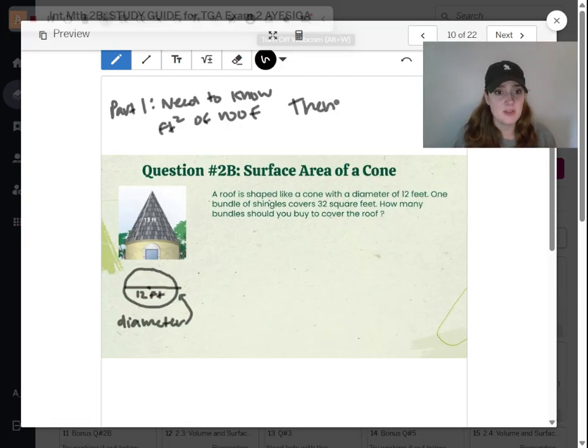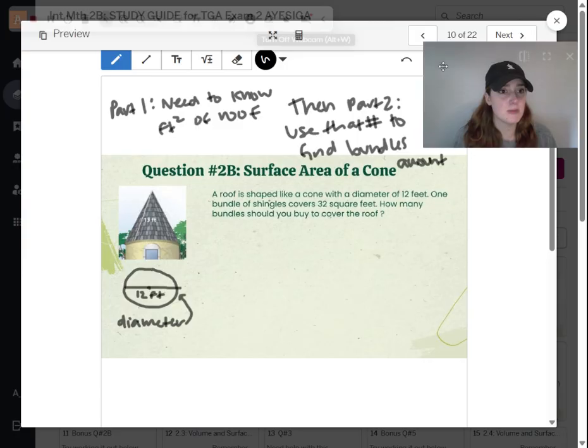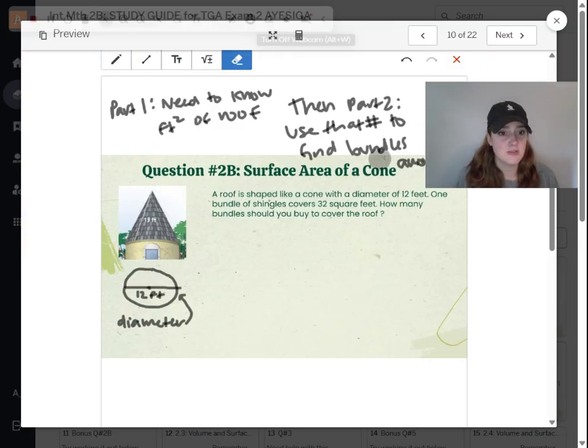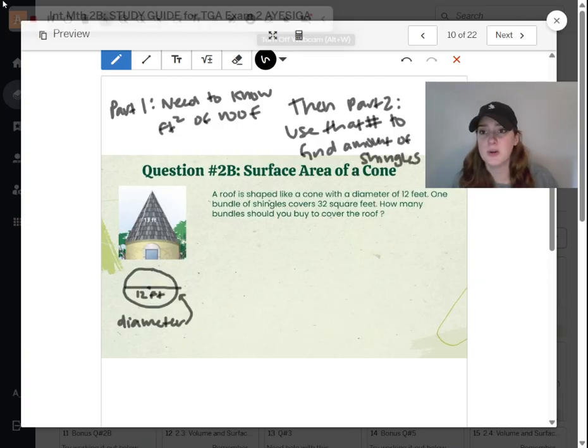Then part 2, we're going to use that number to find the amount of shingles, the bundles. Maybe that makes more sense. To find the amount of shingles. All right, so we're going to jump to our notes here.